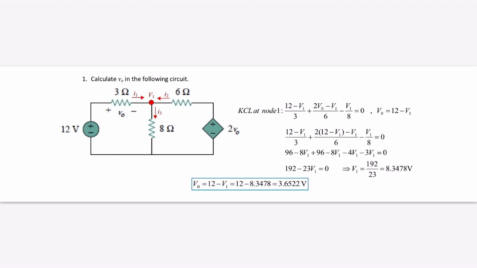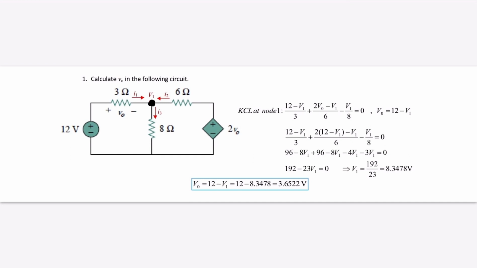V0 is the voltage across the 3 ohm resistor over here. This controlled voltage source is 2 times the value of V0. To find that, we're going to use KCL at the node in the middle, V1.